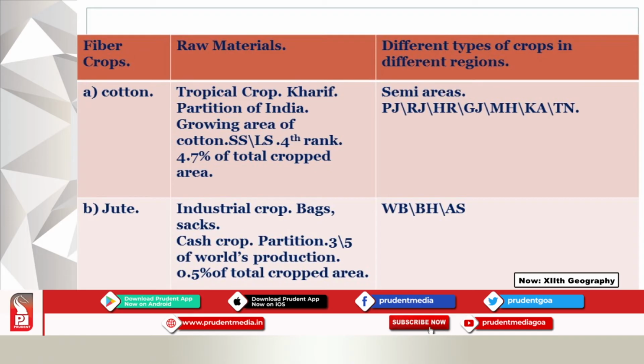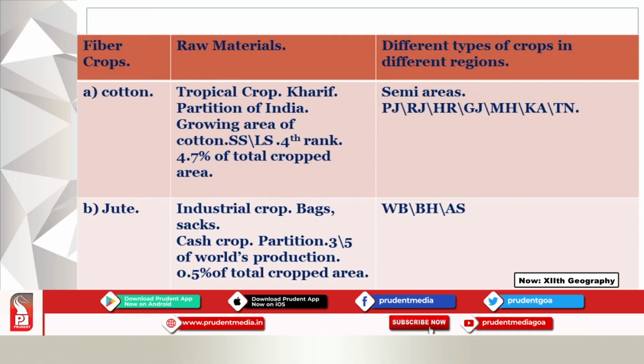India is the fourth largest producer of raw cotton in the world. It is a crop with irrigation and without irrigation. The cotton cultivation is more distributed in Punjab, parts of Rajasthan, Haryana, Gujarat, Maharashtra, Karnataka and Tamil Nadu.